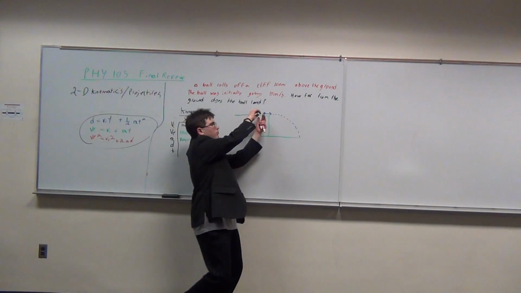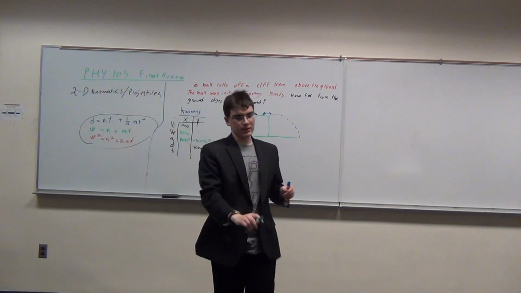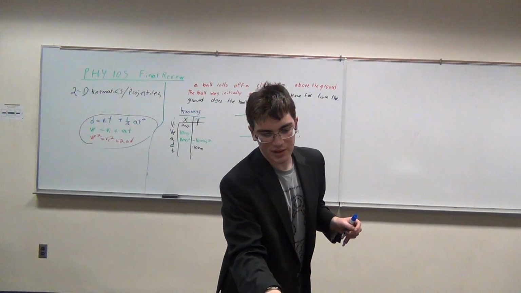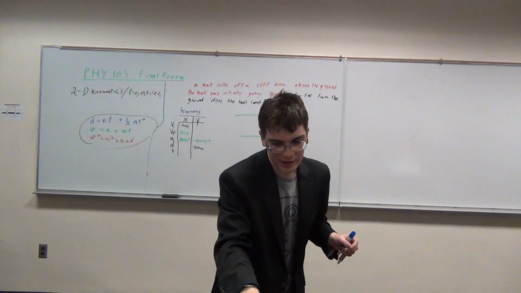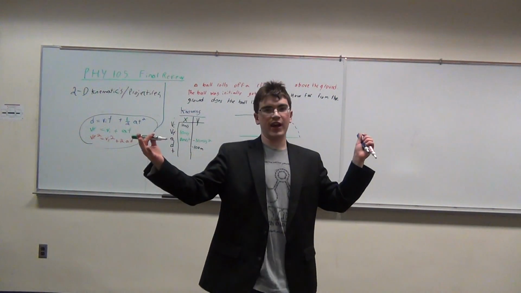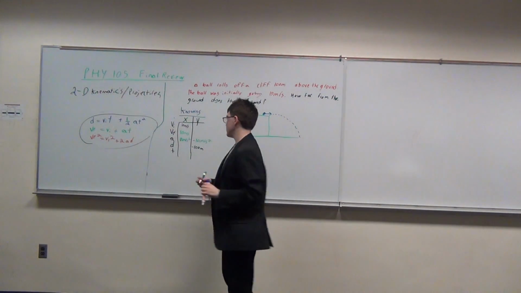Okay. If I'm rolling off this cliff, how fast do I start moving in y? 0. I'm not moving in y, then I start to fall. So I have to start at 0.